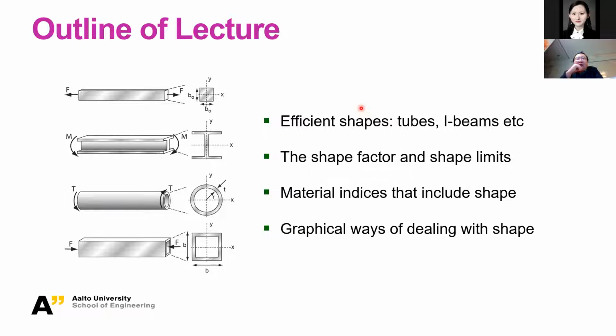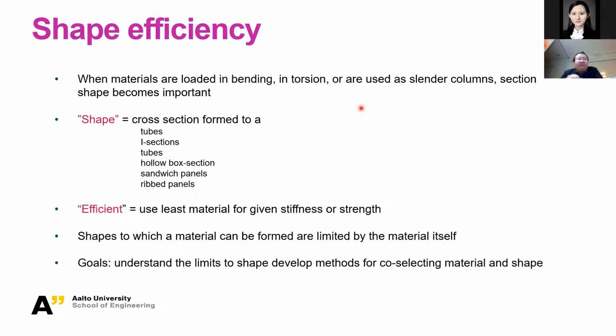The last 2 points are given via one case study or example. So how would you use the shape factor together with what we learned about the material index to do the selection of shape and the material at the same time, and even express it via the graph software.